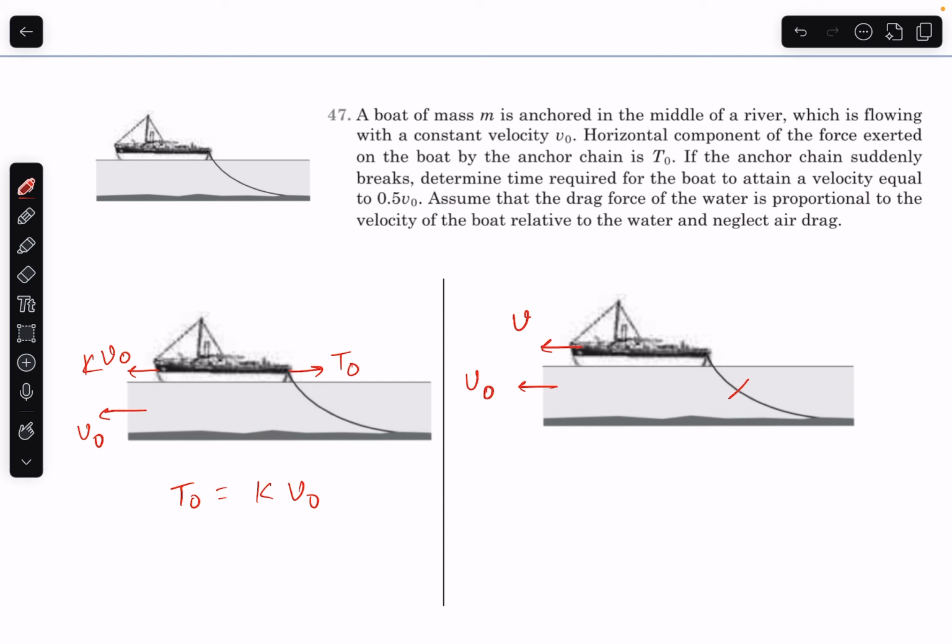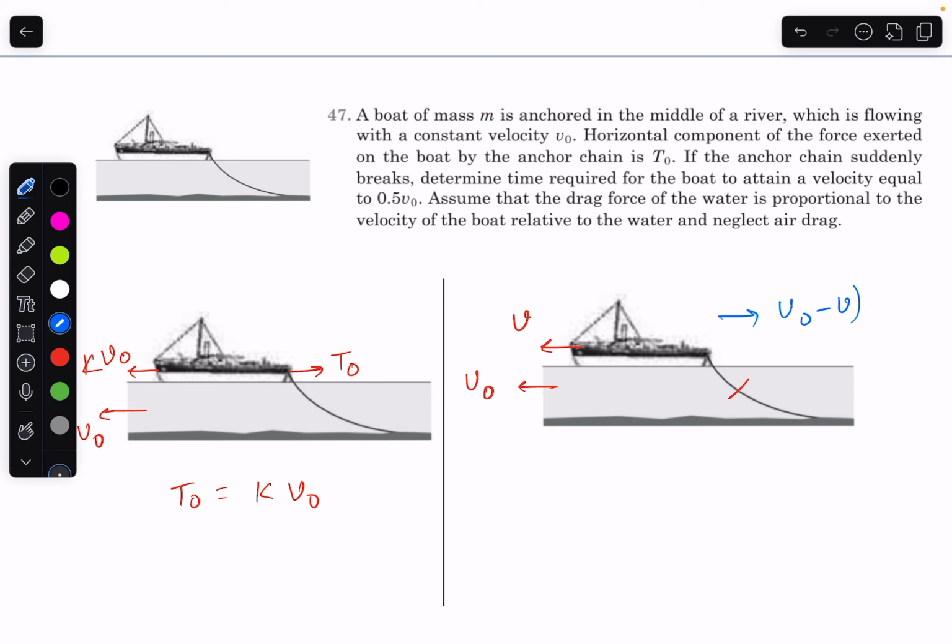So with respect to the river, the boat will have a velocity towards right, but now reduced in magnitude. The boat's velocity will be v naught minus v towards right, and the drag force in magnitude will be k into v naught minus v. It will start acting on the boat towards left.